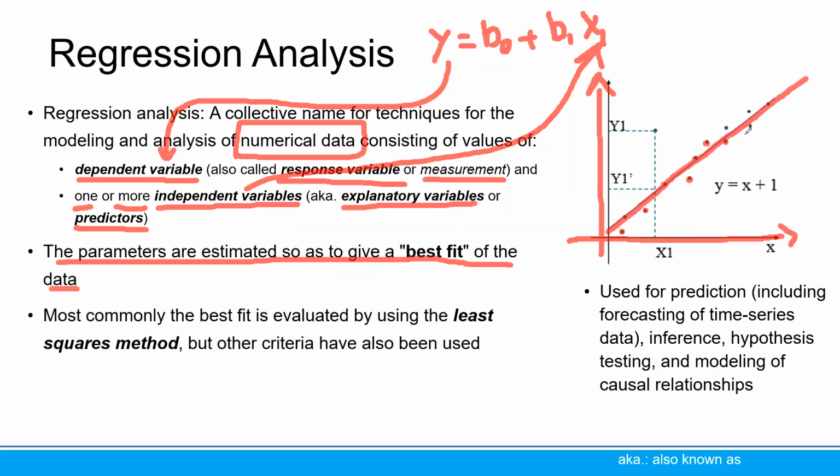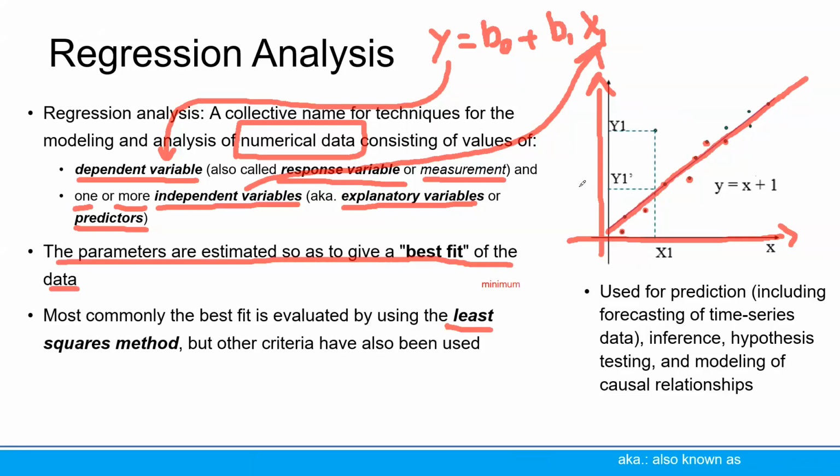We can get this line because we want to check this error, and also other errors. So if the errors are the least, what is the meaning of least? It is the minimum. If the error is the minimum, then we will select this line.